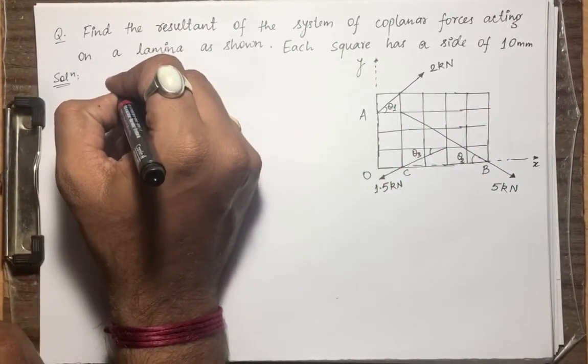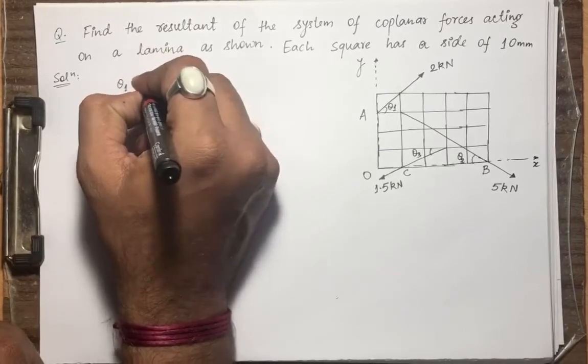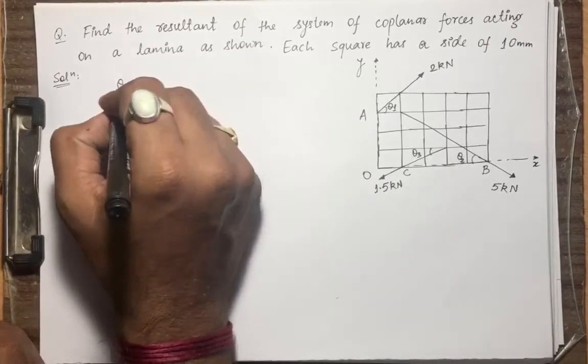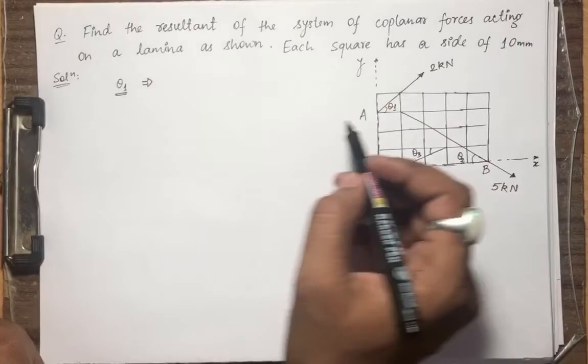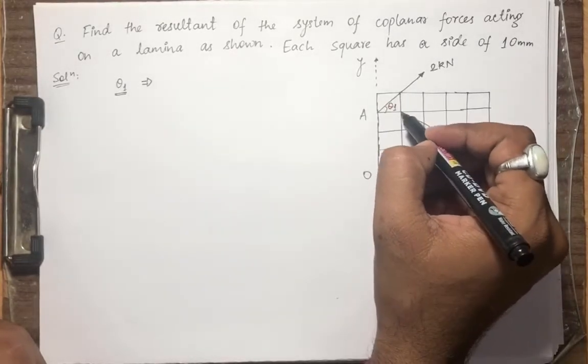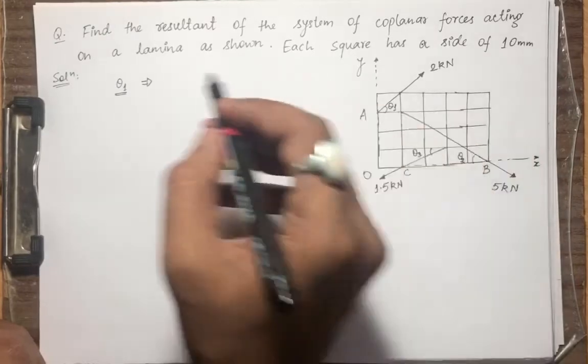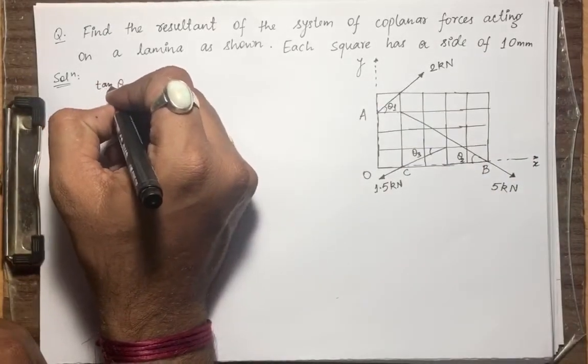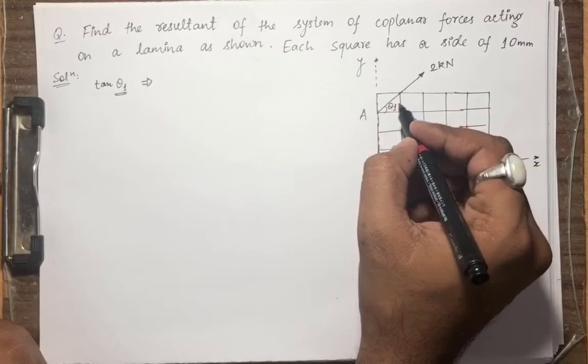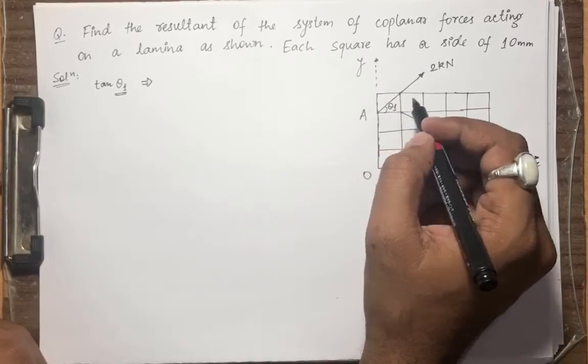So theta 1, how are we going to define theta 1? Theta 1 is this side divided by this side. So tan theta 1 will be this divided by this.